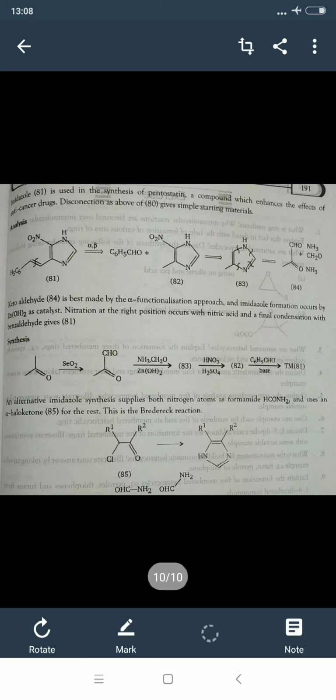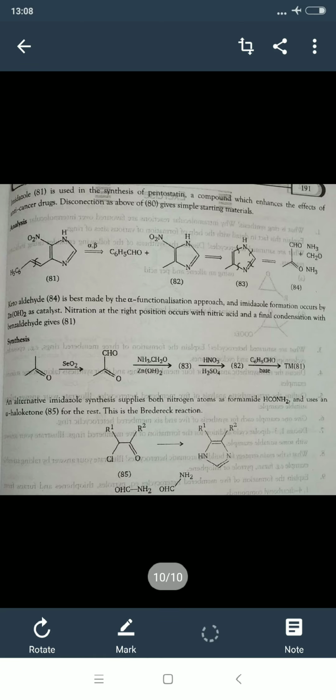So here we have the ketone, and with selenium oxide we get the ketoaldehyde group. This ketoaldehyde group undergoes functionalization at the alpha position with formation of imidazole 83, which in the presence of nitrating mixture, HNO3 and HNO2, forms the nitroimidazole, which on combining with benzaldehyde in presence of base gives the target molecule 81.